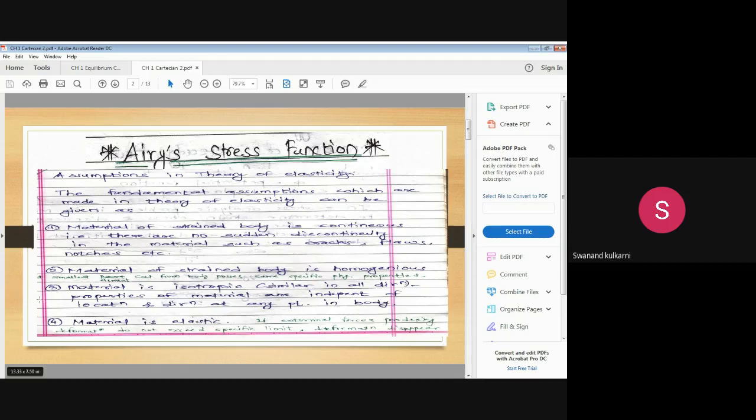Is it okay? Then the second assumption is that the material of the strained body is homogeneous. So what is the difference between continuous and homogeneous? Homogeneous means the smallest element cut from the body possesses the same specific physical properties.